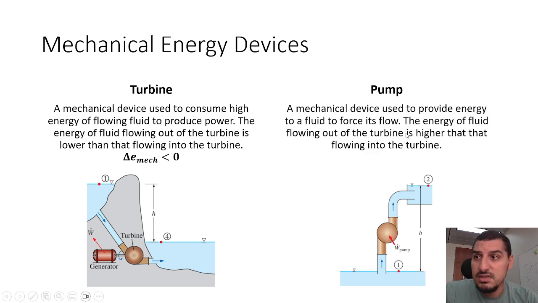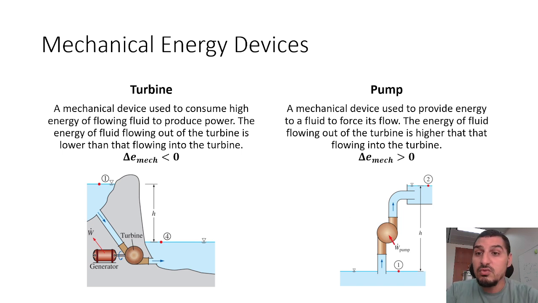So this is a mechanical device that provides energy to a fluid and forces it to flow. The energy after the pump is higher than the energy before the pump because the fluid has already gained energy from the pump, and that's why delta mechanical energy is greater than zero.